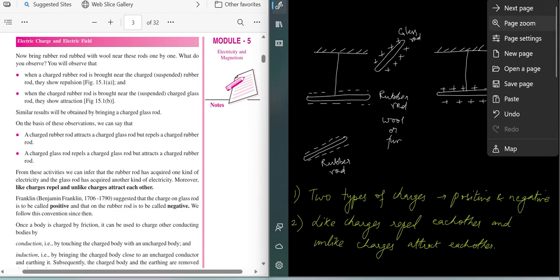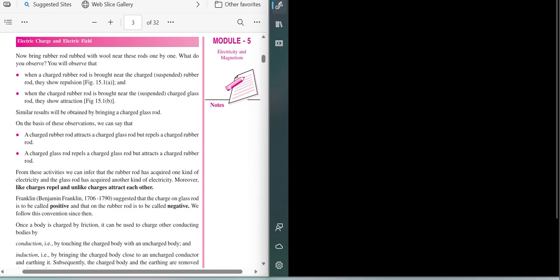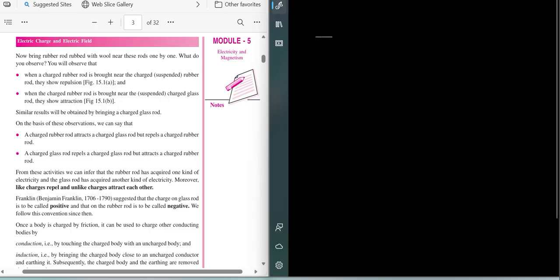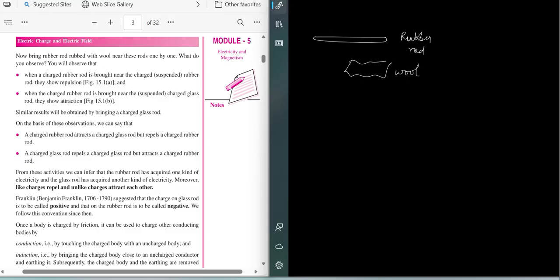What happens? Why a body is getting charged? Now, initially we have, let us say, an uncharged rubber rod. Now, when we are rubbing this with wool or fur, this is a wool cloth or a fur, then what is happening is there is friction.